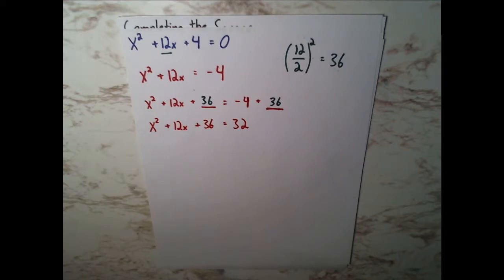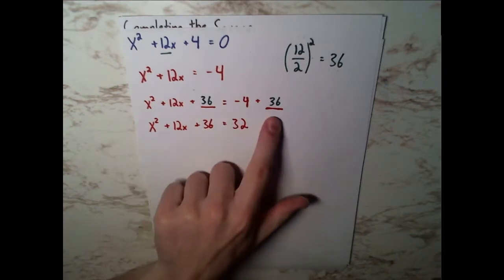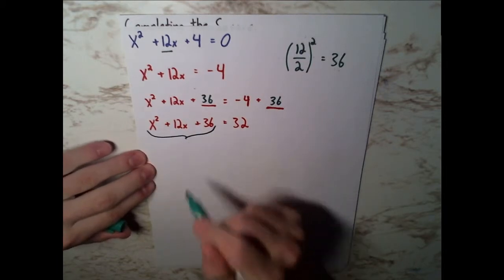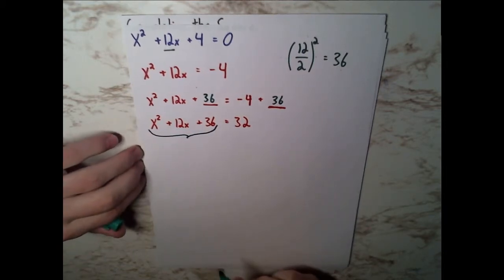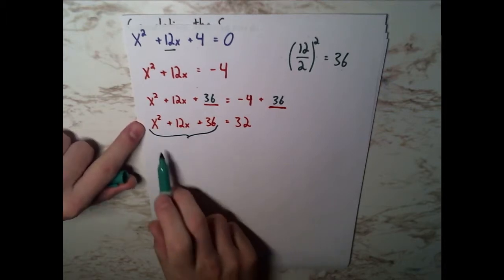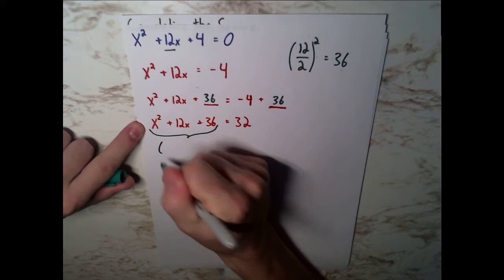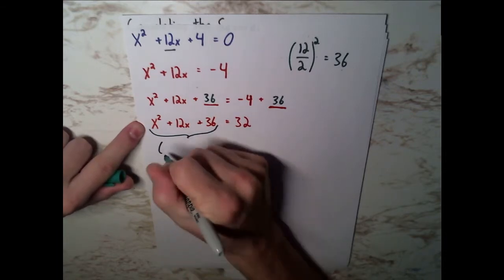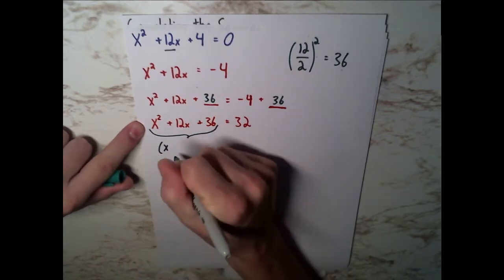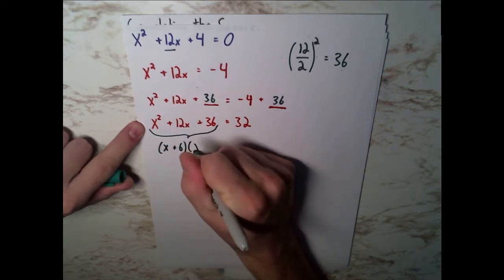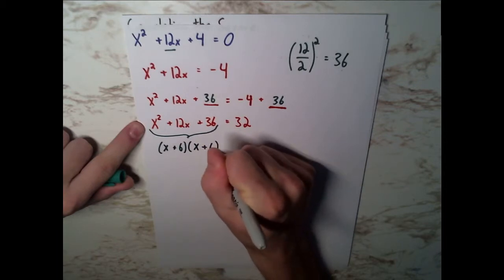The reason why we added in this 36 was because this part of the equation is going to factor down really nicely. If you look at this for long enough, you'll see that this is going to factor down to x plus 6 times x plus 6.